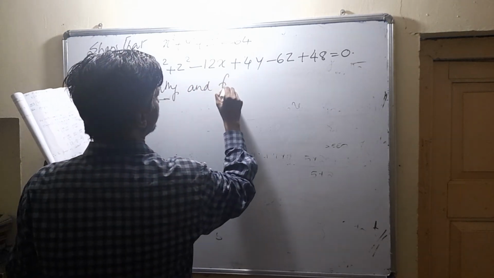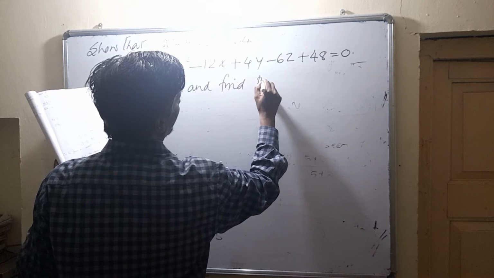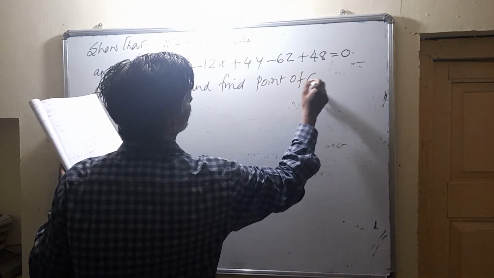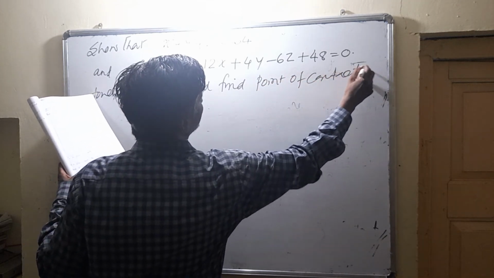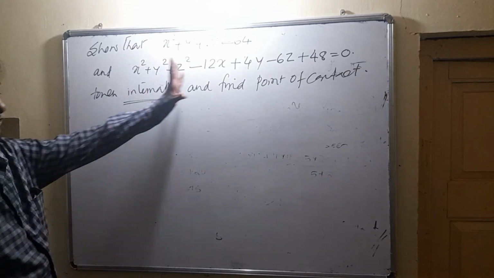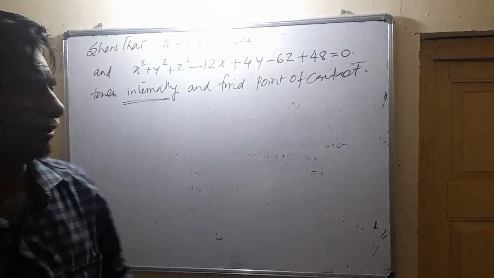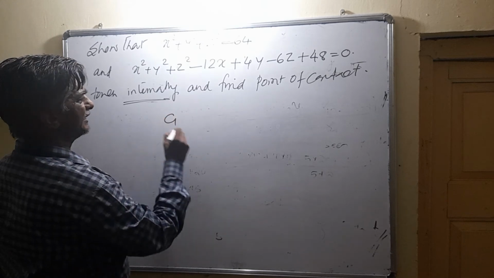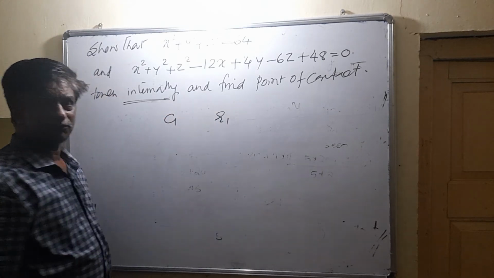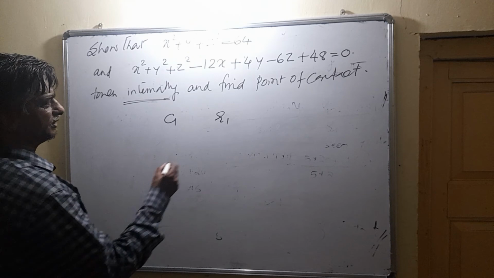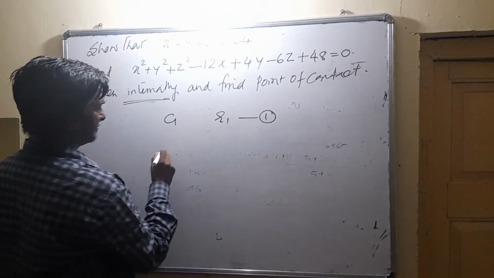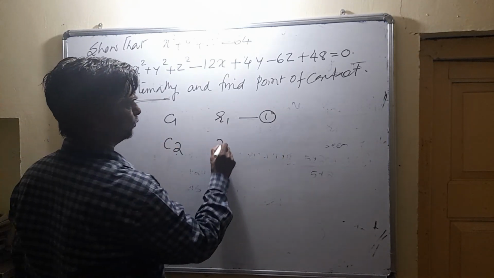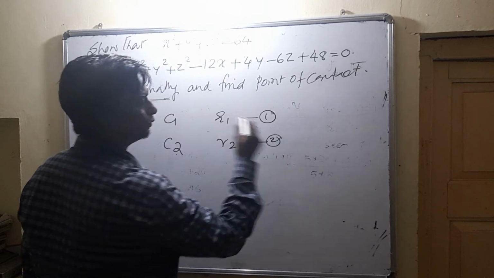And find the point of contact. See, I will explain how to solve this problem. Very simple. Here, first you find C1 and R1. Similarly for the second, you find C2 and R2.